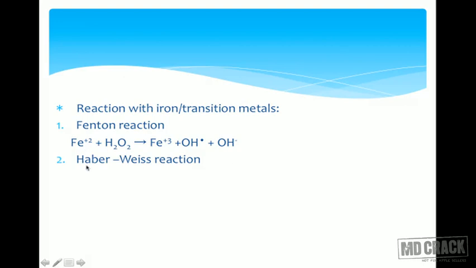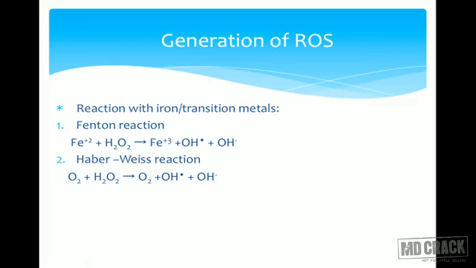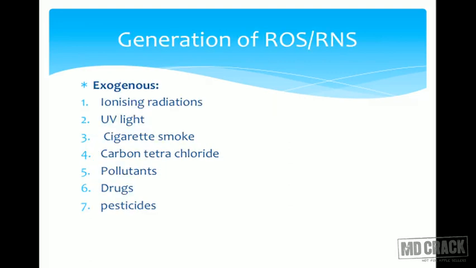Now there is one more, the Haber-Weiss reaction, in which oxygen combines with hydrogen peroxide to form O2 plus hydroxyl radical and OH minus. So again, once a free radical or a reactive oxygen species is formed, it can keep on progressing. So this is the generation of reactive oxygen species.